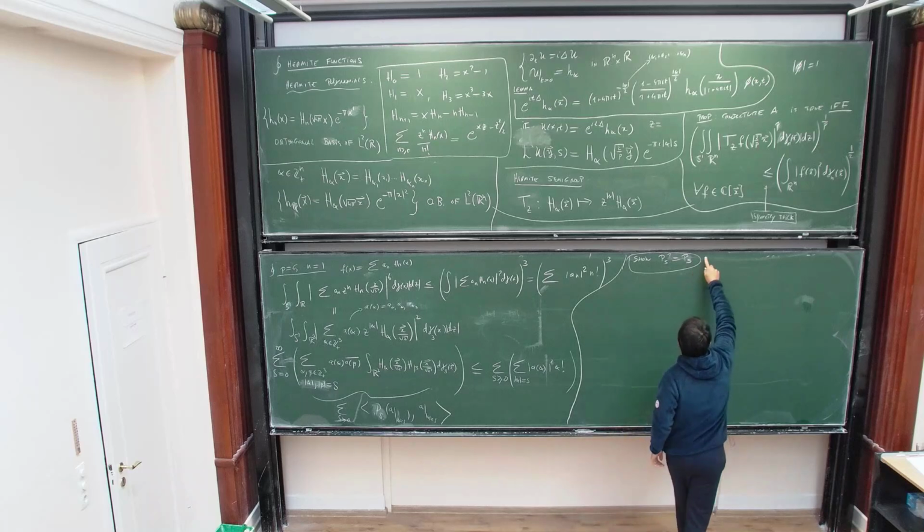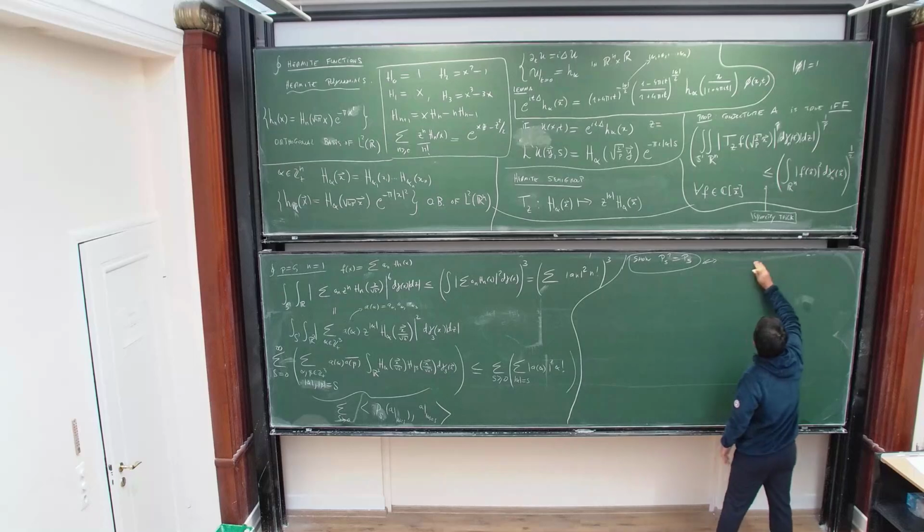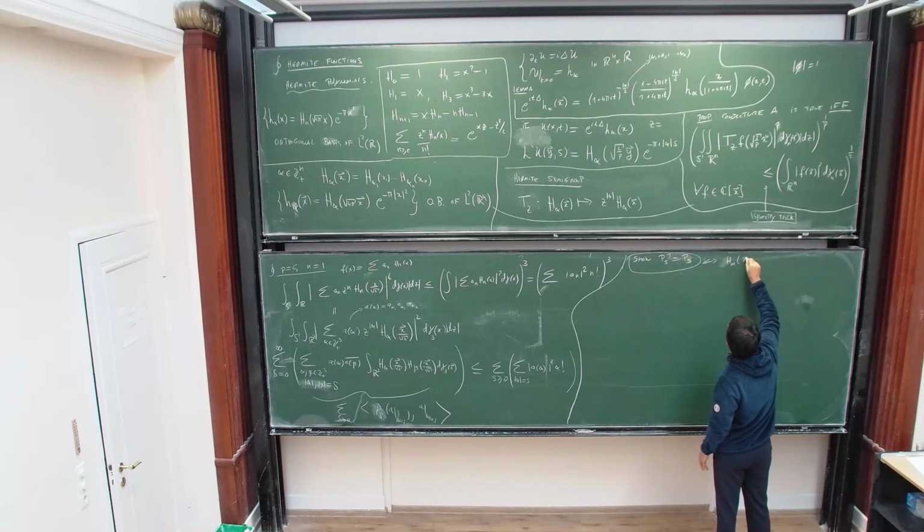But the fact that this essentially follows from one identity. It's a very nice identity for Hermite polynomials, which is the following.